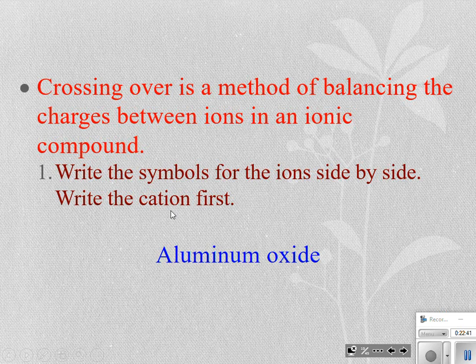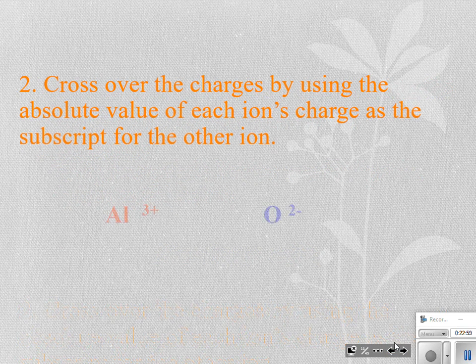So if I'm going to write my cation, what is aluminum? What is its charge? Aluminum is 3+. So I write the cation, 3+, and I write the anion, which is oxygen, as a 2-.